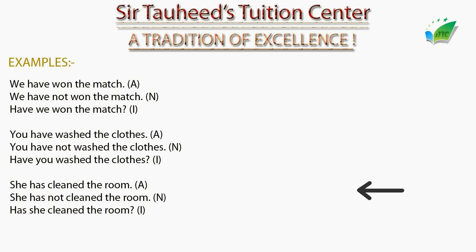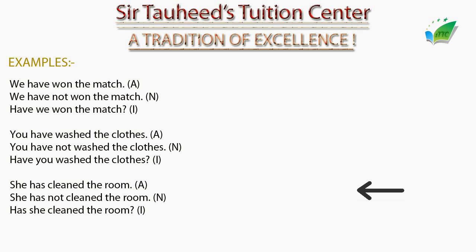To create its negative, again we only have to put not after has, and then the sentence will become, she has not cleaned the room. This is a negative sentence.